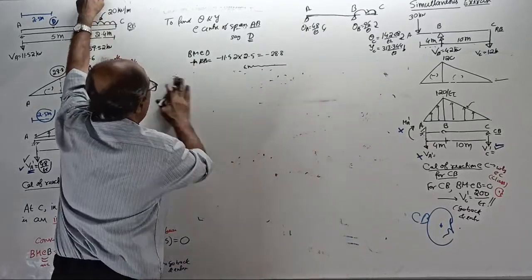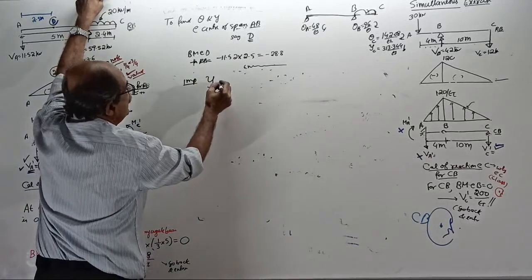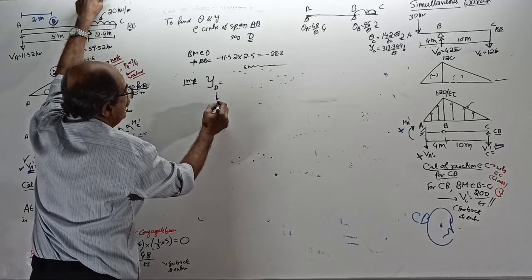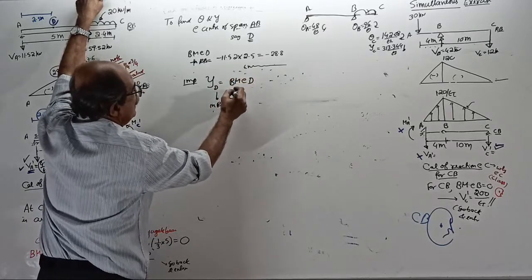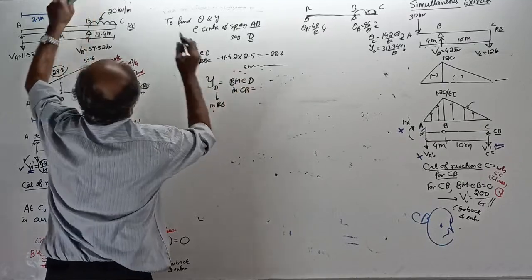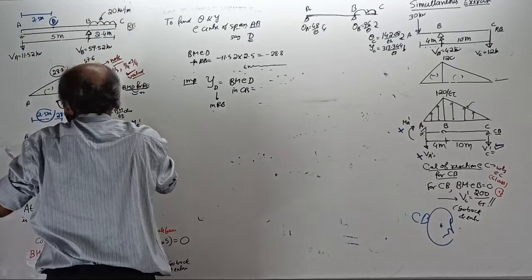Start now. Lastly, the important one. Deflection at D downward in the real beam equals bending moment at D in the conjugate beam. Deflection here is bending moment here. Look here.